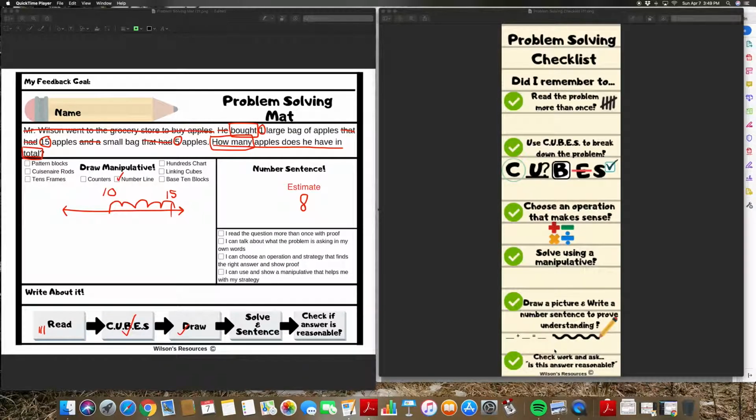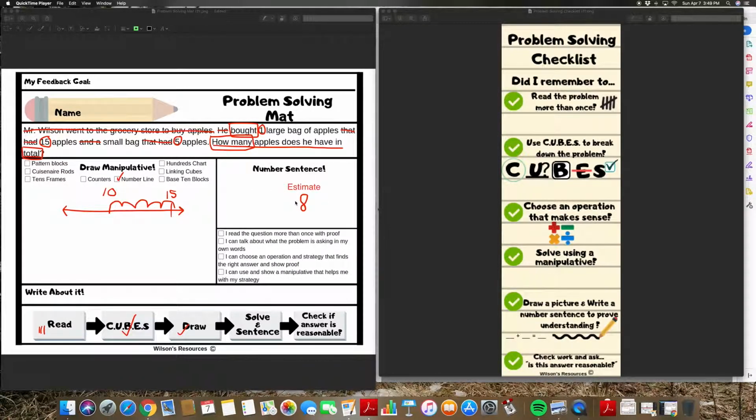So what you're going to see today is a pretend scenario that's already been pre-started. You can see that it's been read a couple times, cubes has been done, and this person's already started to draw their strategy, which happens to be a number line. And they even created an estimate of what they thought the answer would be around.